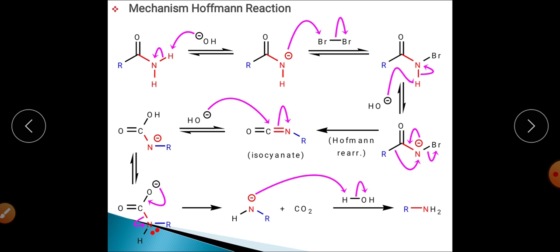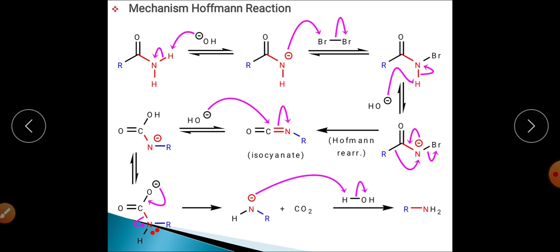When we talk about the evidence that this reaction takes place via the mechanism I have described, it is the isolation of the intermediate, isocyanate, during the course of the reaction.